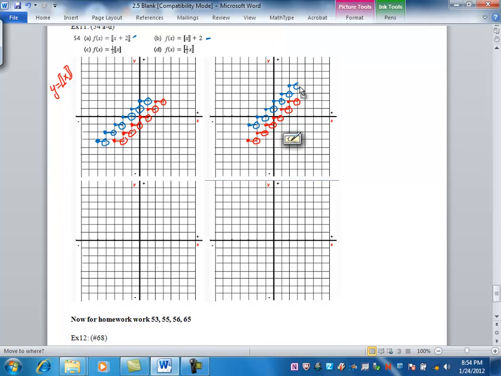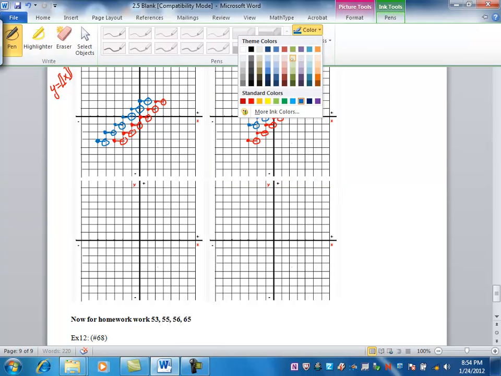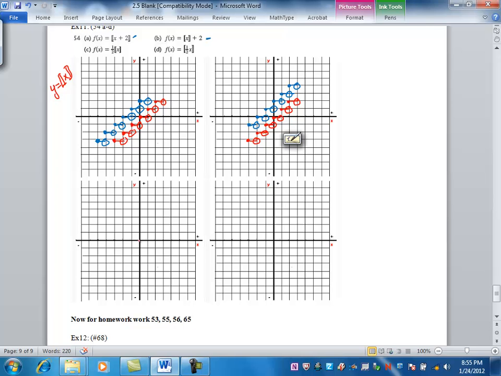Alright. Now let's take a look at part C, and one more time before we even consider part C, let me draw in the greatest integer function here in red once more.